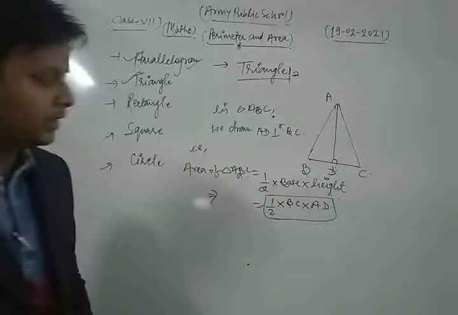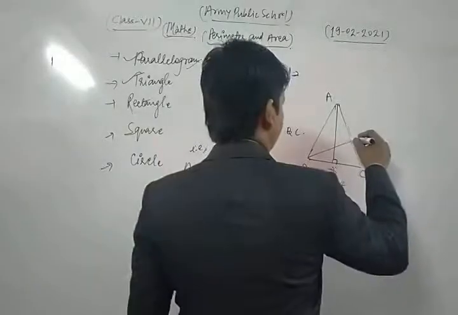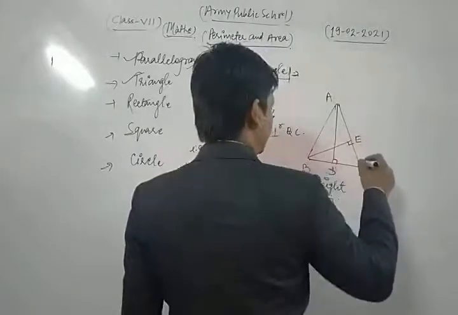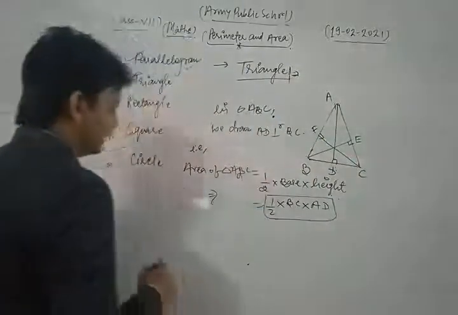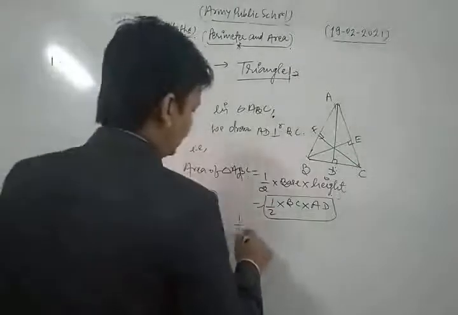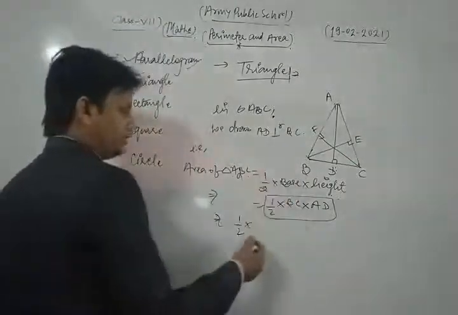Similarly, dear student, if we draw BE perpendicular to AC and CF perpendicular to AB, then we write the formula of area of triangle ABC as 1 upon 2 base into height.